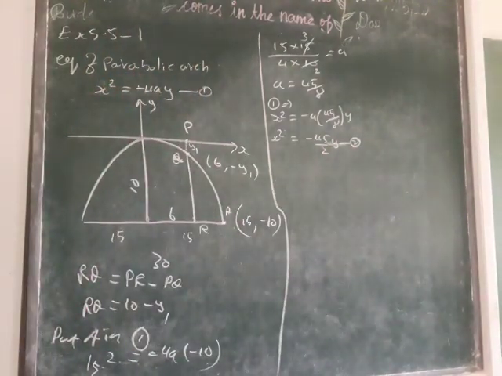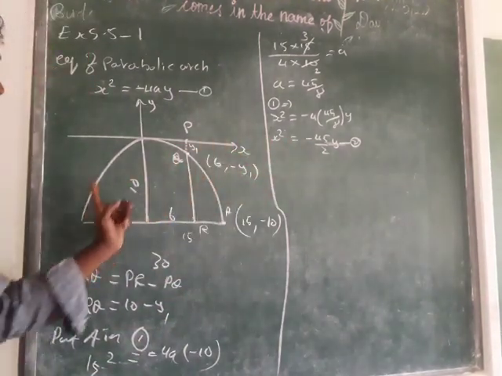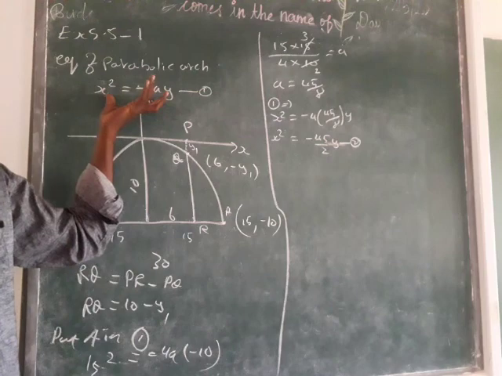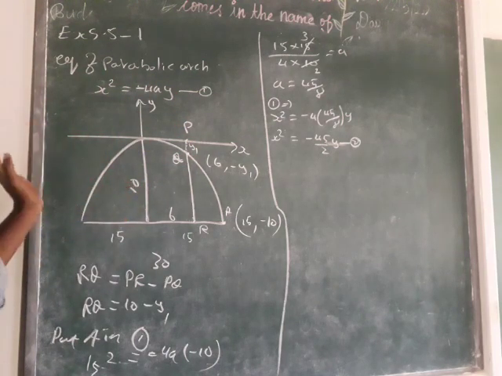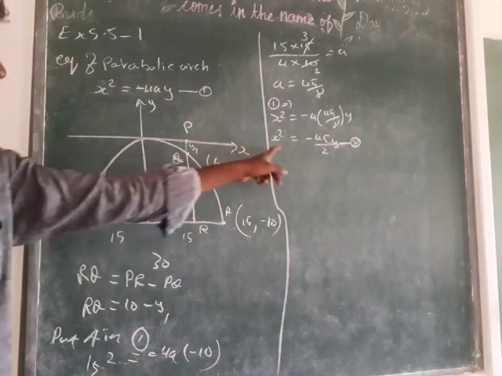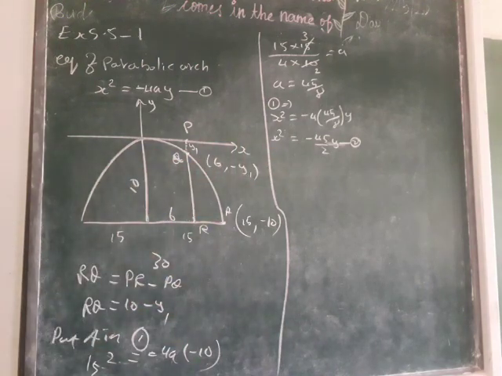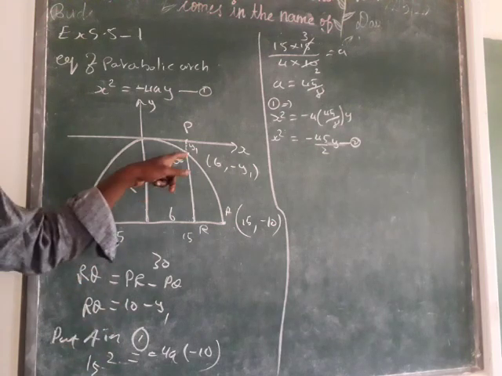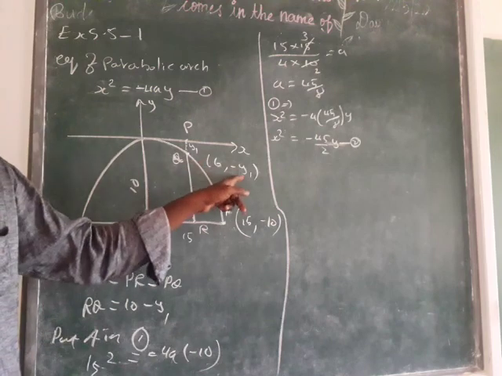Next you want to find the y1 value. Equation 2 is the equation of the parabola. This is the standard form of an open downward parabola, so the equation will be different for different parabolas. This equation represents the bridge arc. Now the arc passes through Q, which is 6 comma minus y1.